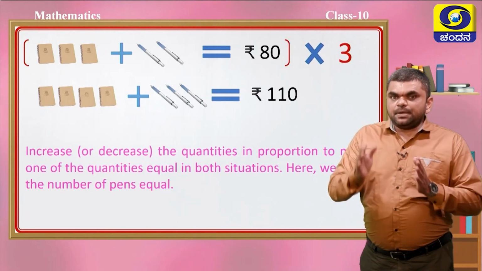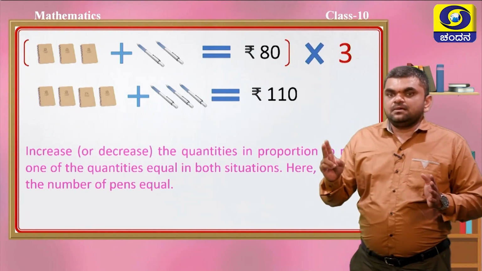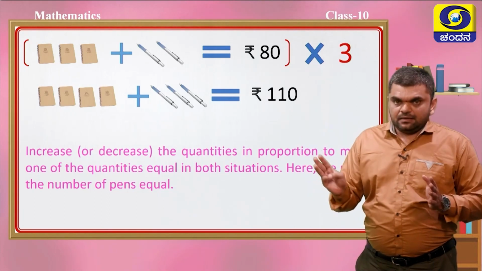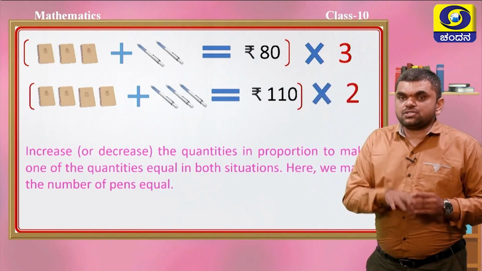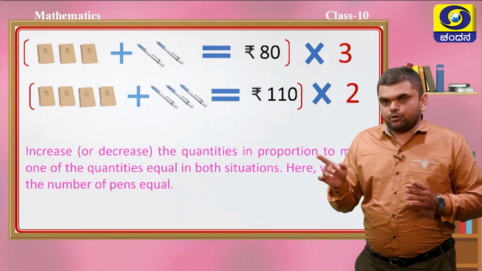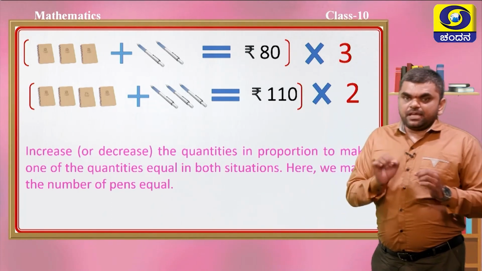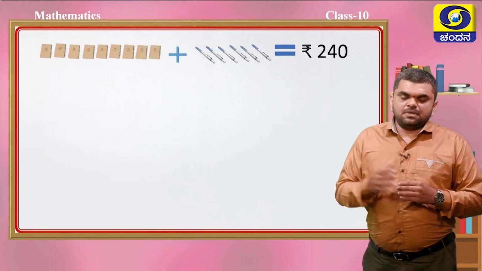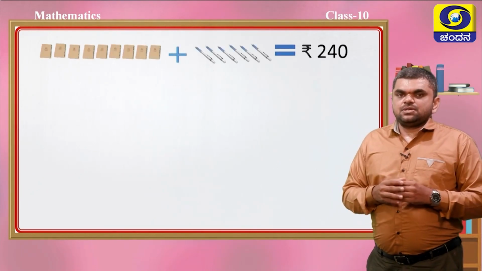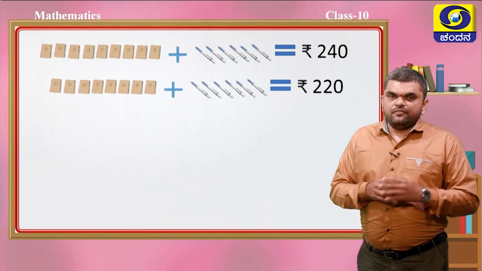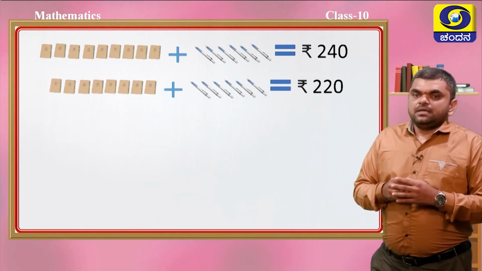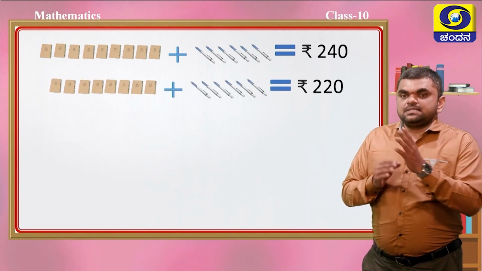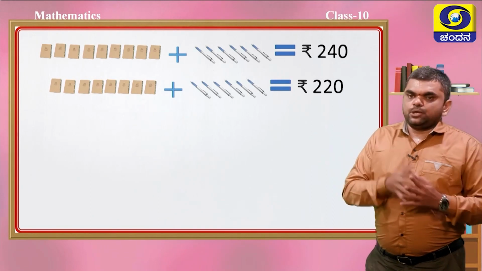We are multiplying 3 books, 2 pens and 80 rupees by 3, whereas 4 books, 3 pens and 110 rupees by 2, so that we can make pens equal. Look here, 9 notebooks and 6 pens cost 240 rupees, whereas 8 notebooks and 6 pens cost 220 rupees.